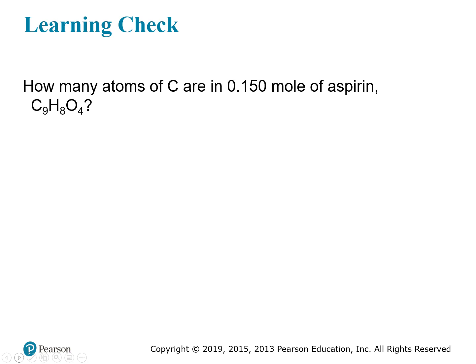And the chemical formula is given, C9H8O4. The first thing I always do is rewrite the question. We've got some moles of aspirin. We have to figure out the number of atoms of carbon.